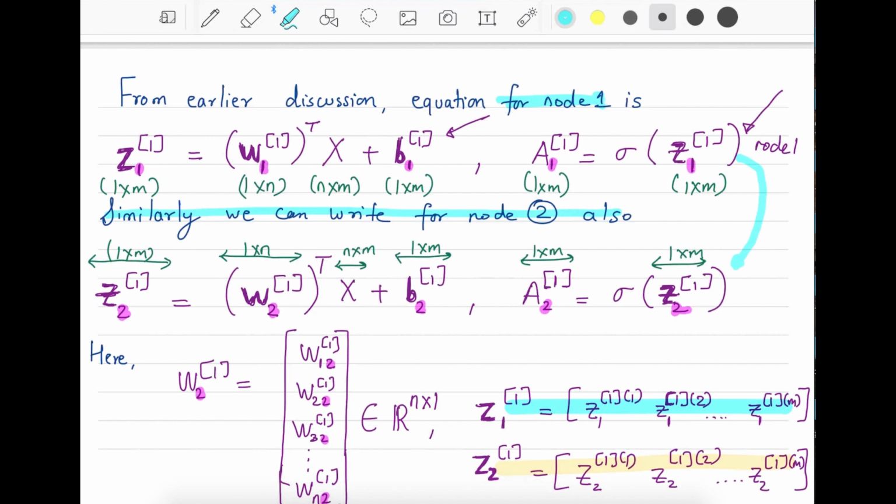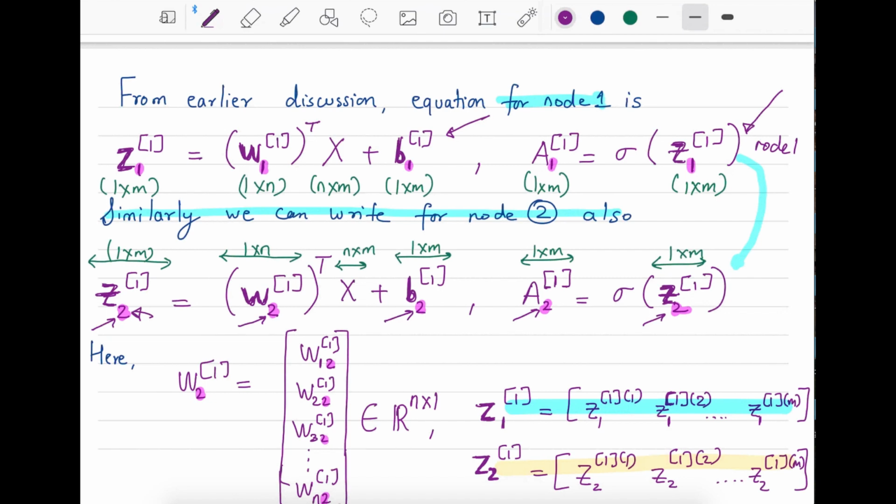The only difference is indicated in the highlighted section. The highlighted pink section is this one, and you can see that this is the only difference in indexing. Why are we writing 2 here? We are writing 2 because it's the second node in the first hidden layer.